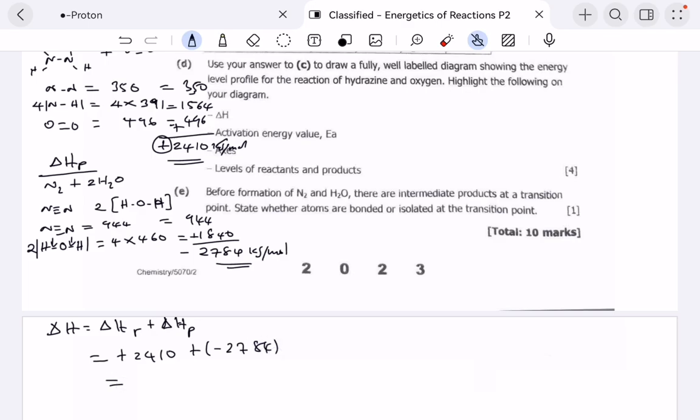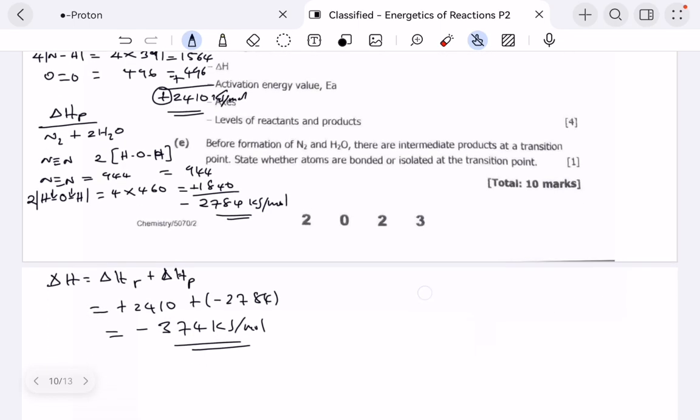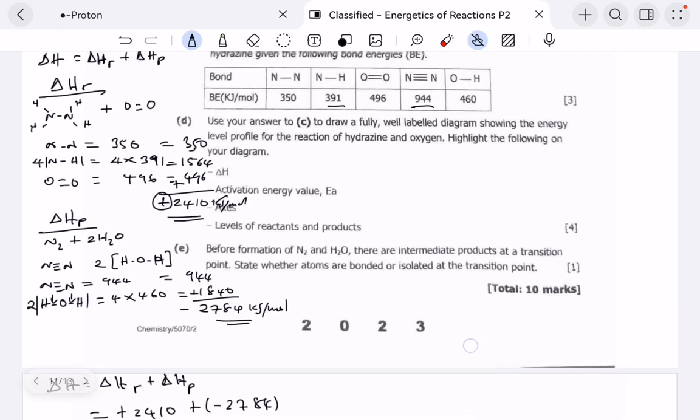Therefore, the total comes to negative 374 kilojoules per mole. So that is the total, which indicates that obviously it's an exothermic reaction because the overall sign is negative.